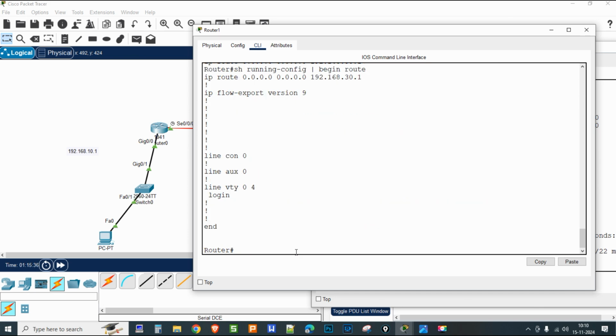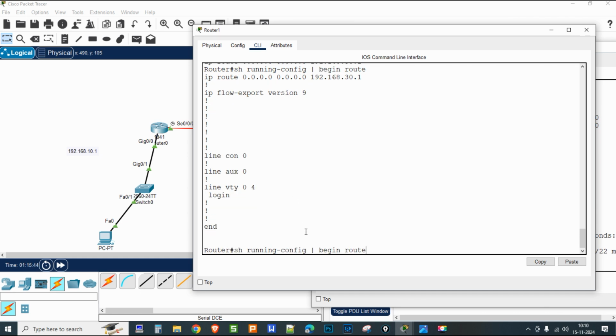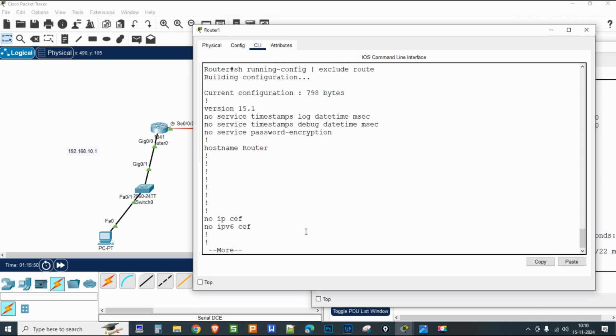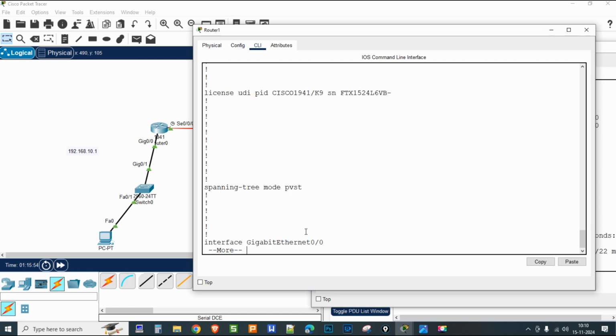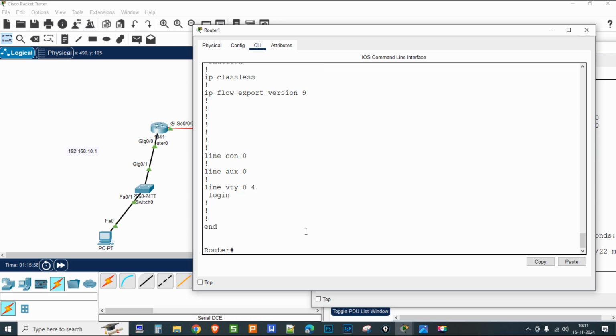You can see begin means it starts from the routes, so under that what commands are available. Or exclude. Exclude means without these characters. It does not contain the route information. Then section.